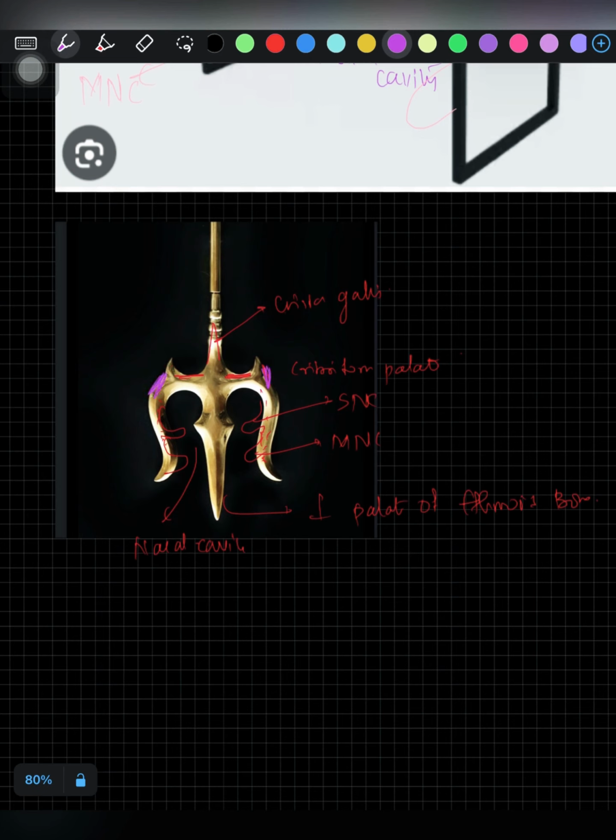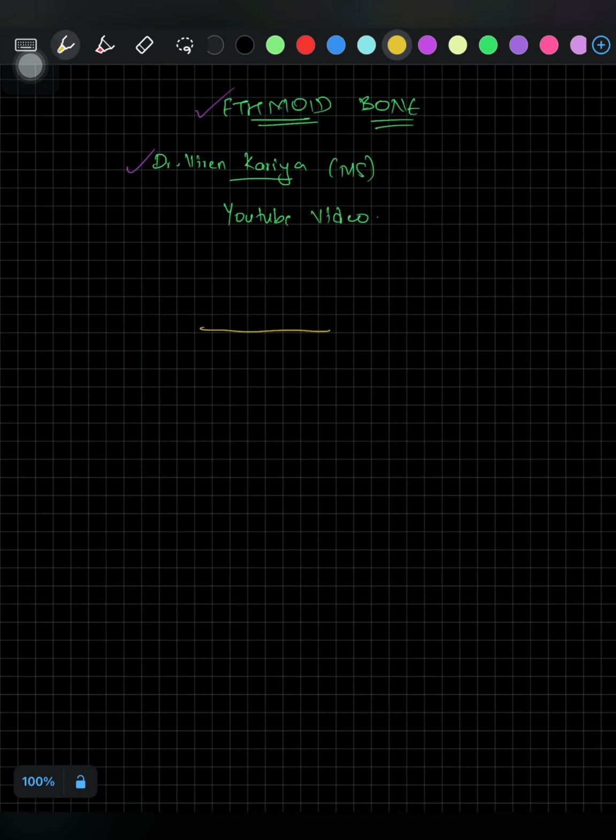And laterally on the upper end we have this lamina papyracea, which forms the medial side of your orbit. So that's another structure we have to remember. It's papery like and delicate. Now let's review the structure with a not so pretty diagram. So that's your cribriform plate. The crista galli is projecting up on the posterior end.